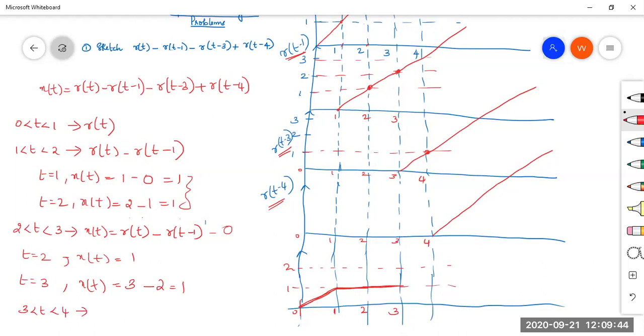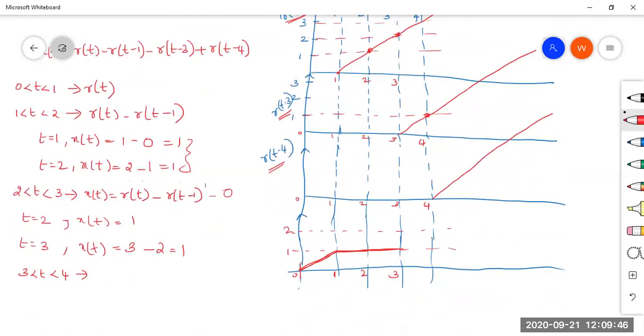Now we'll see what is happening between 3 less than t less than 4. Here the first three signals come into picture, that is x of t is equal to r of t minus r of t minus 1 minus r of t minus 3. At 3 we have seen x of t is equal to 1.